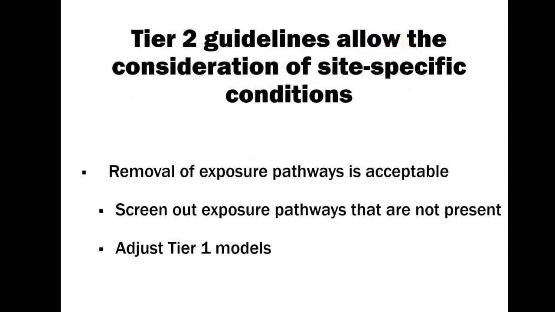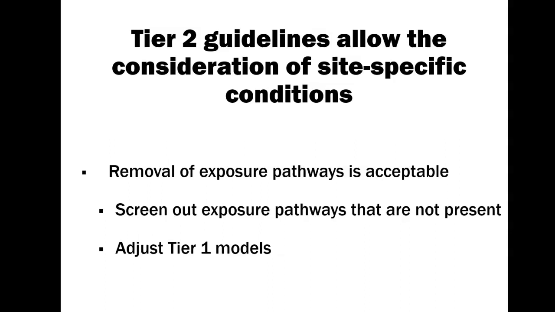The Tier 2 guidelines allow the consideration of site-specific conditions through the modification of those same Tier 1 guidelines. Now, the generic conditions used to derive the Tier 1 are almost unnecessarily conservative. And so the Tier 2 guidelines will normally be determined by screening out different exposure pathways that maybe are not present on that site.